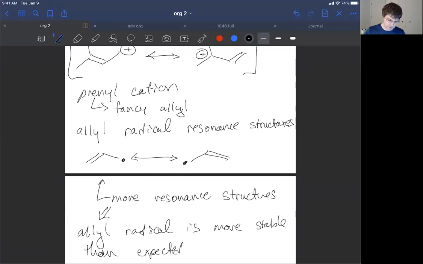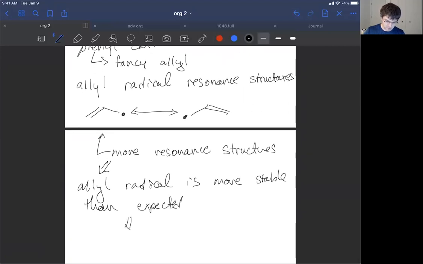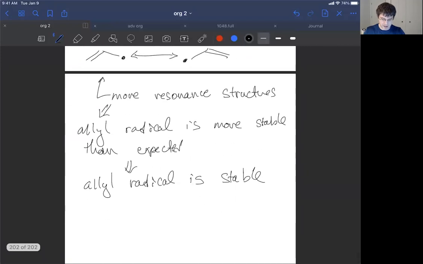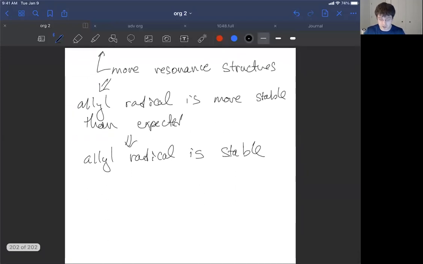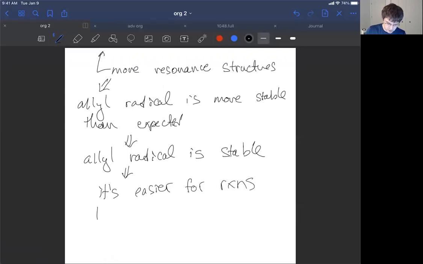Oh, and then I could emphasize this. If the allyl radical is stable, then doing a reaction to generate an allyl radical is easier. So it's easier for reactions to occur that generate allyl radicals.